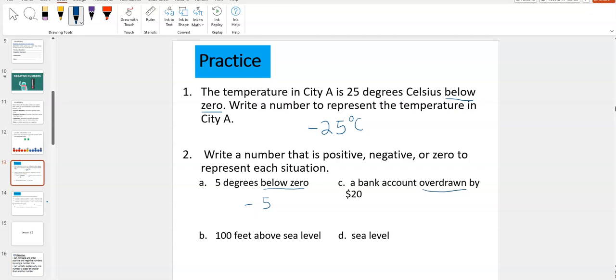If you said overdrawn tells you it's -20, then you are right. 100 feet above sea level. Above means I'm going to be a positive 100, and you can write the plus sign or you can just write 100. Both are correct. And then if you know anything about altitude, sea level is the same as 0. Sea level is 0.